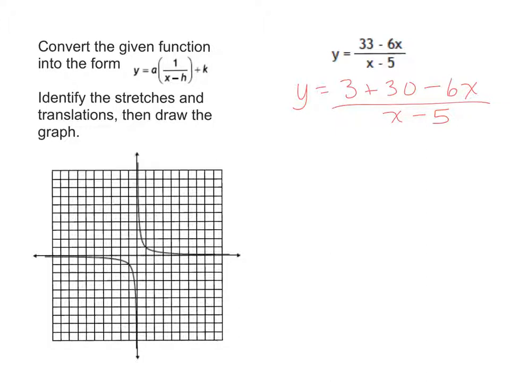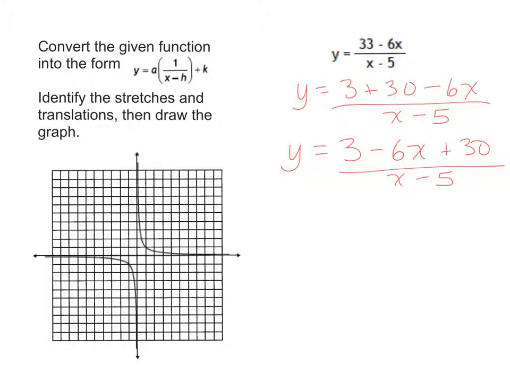Yeah, so it's okay to do that. And now I'm going to change this again. I'm just going to change it to negative 6x plus 30. Which is still the same, right? I just switched the order around.